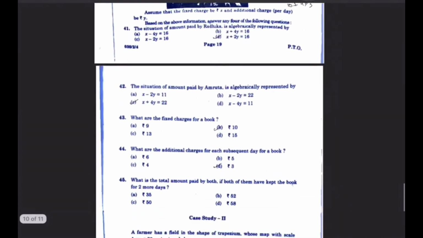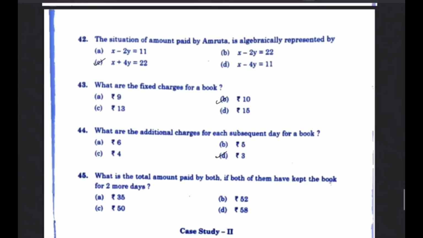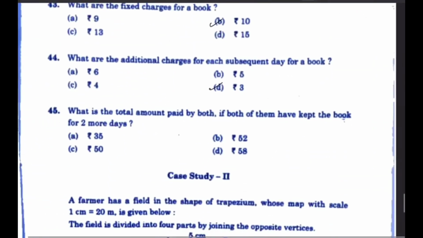So 10 plus 6 into 3, and 10 plus 4 into 3. So 40 plus 30, that makes it 70. I think we might have made a mistake, because okay, 20 plus 30, that is 50. Yeah.